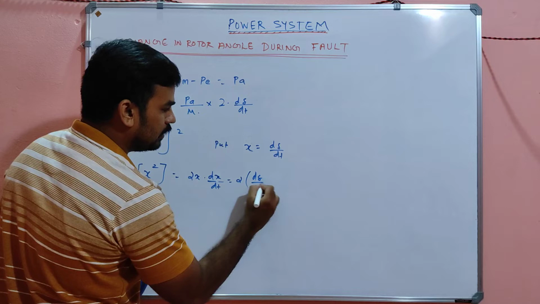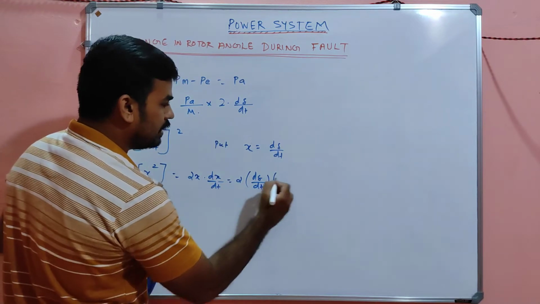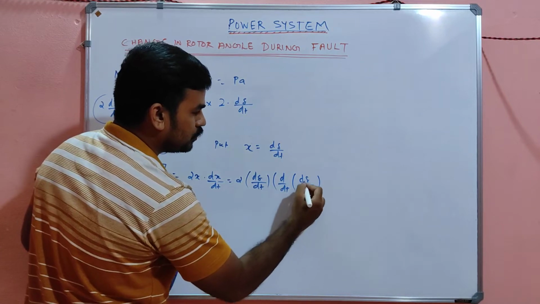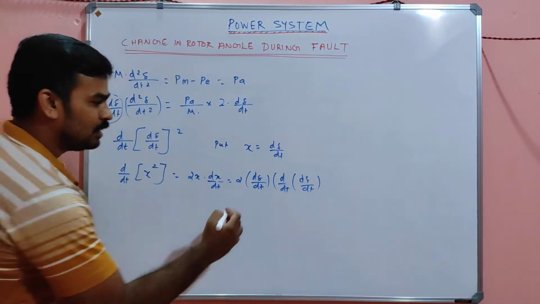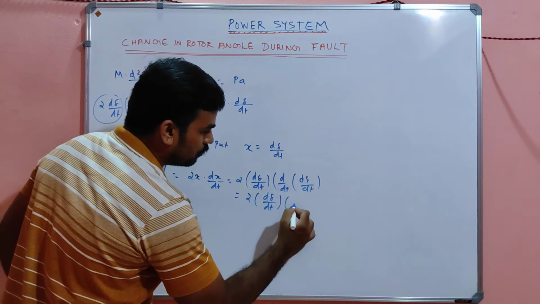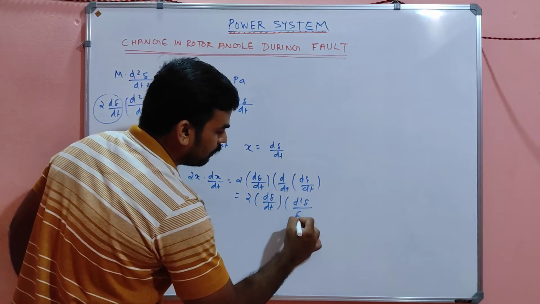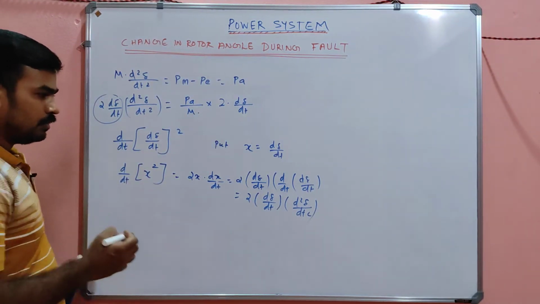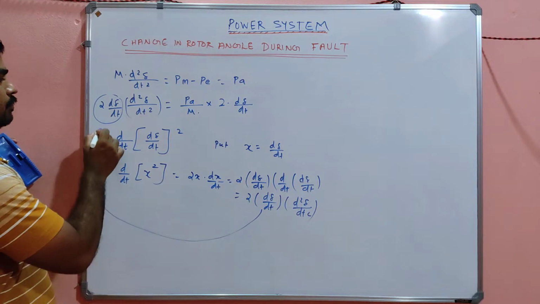So d delta by dt into d by dt of d delta by dt, which is d square delta by dt square. Finally you will get 2 into d delta by dt into d square delta by dt square. Correct or wrong? Correct.